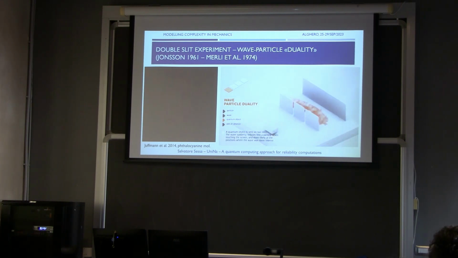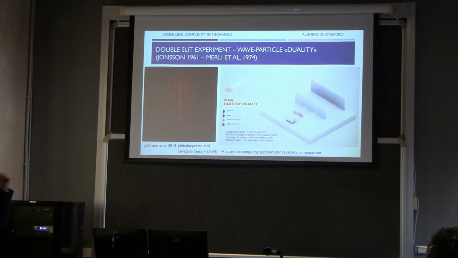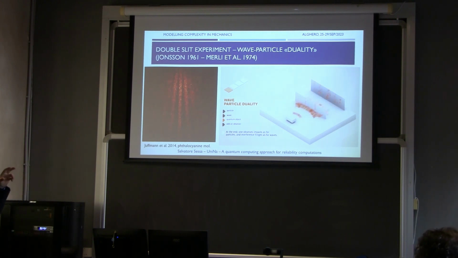On the contrary, this experiment proves that since we shoot just a single quantum through the two slits, the single quantum makes interference with itself, so it passes through both slits.